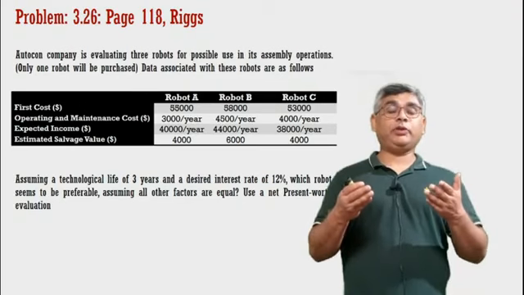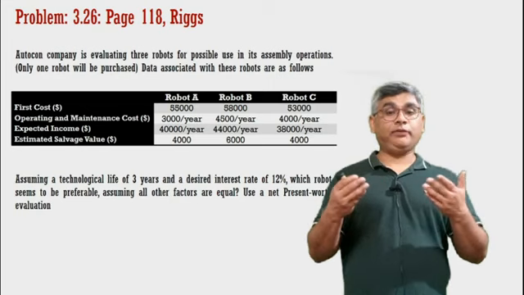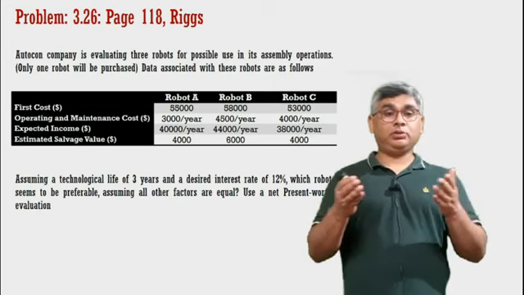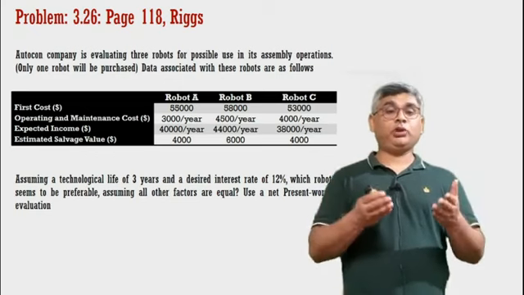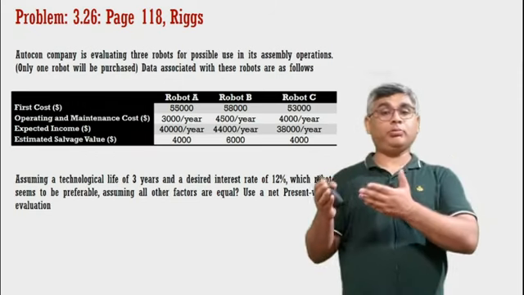That means whatever is earned when the robot is sold when the economic life is over. So these different values for these options are given for each robot A, robot B and robot C.